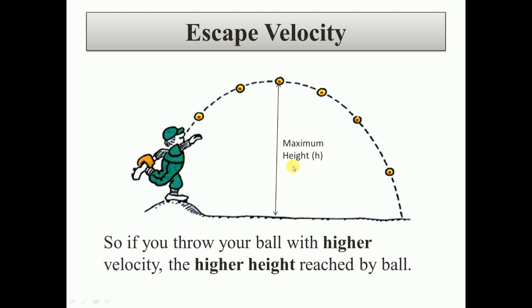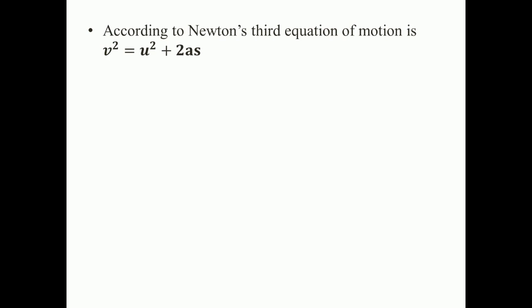So if you throw a ball with a higher velocity, the ball reaches a greater height. You can try this. The next thing, we are going to calculate the maximum height that will be traveled by the ball when you throw it. Now consider the equation of motion, v square is equal to u square plus 2as.